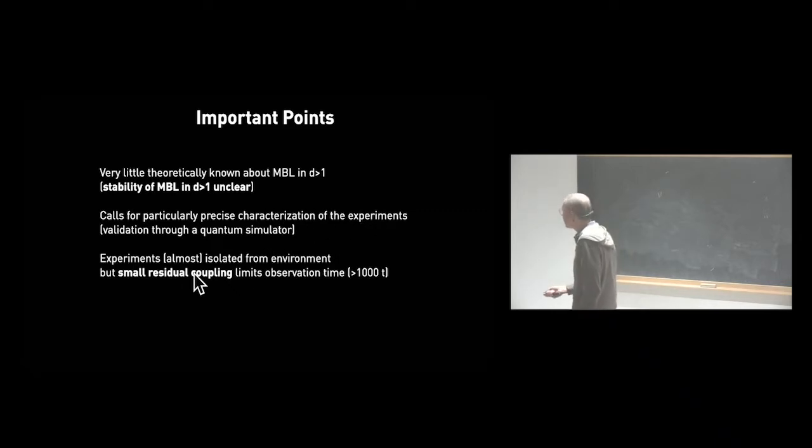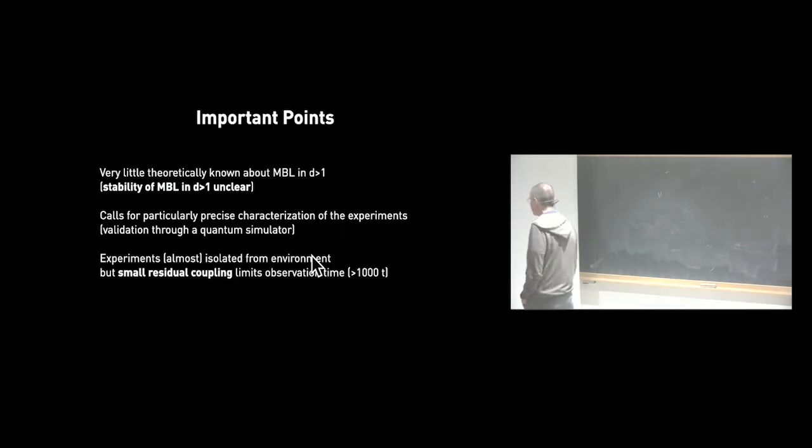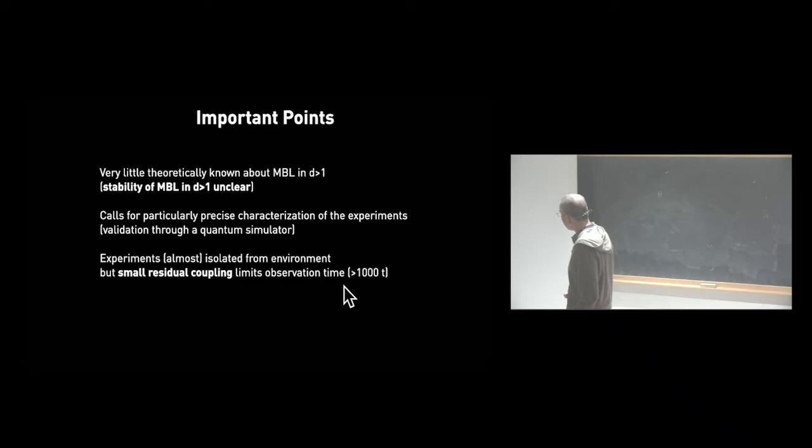We really want to have the systems isolated from the environment, and no experiment is completely isolated from the environment. It's just never going to happen. This is an idealization which no experiment can ever reach. So we're trying to push this to the longest possible times. In our case, this would be around 1,000 internal dynamics timescales, whether that's the hopping or the exchange coupling, whatever your typical timescale is.